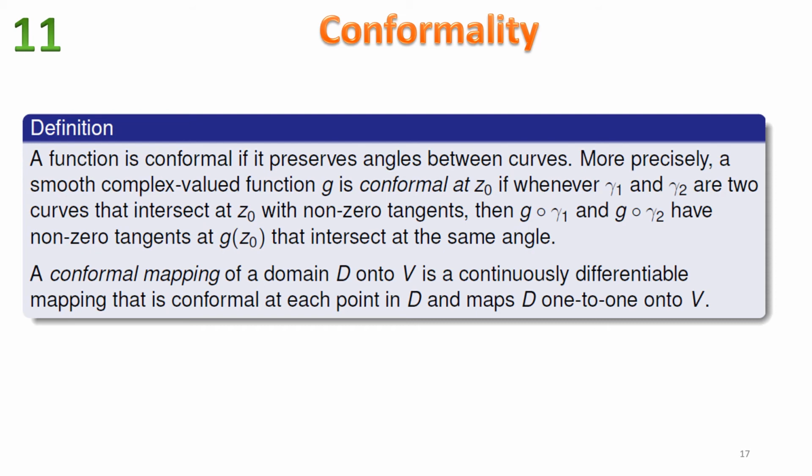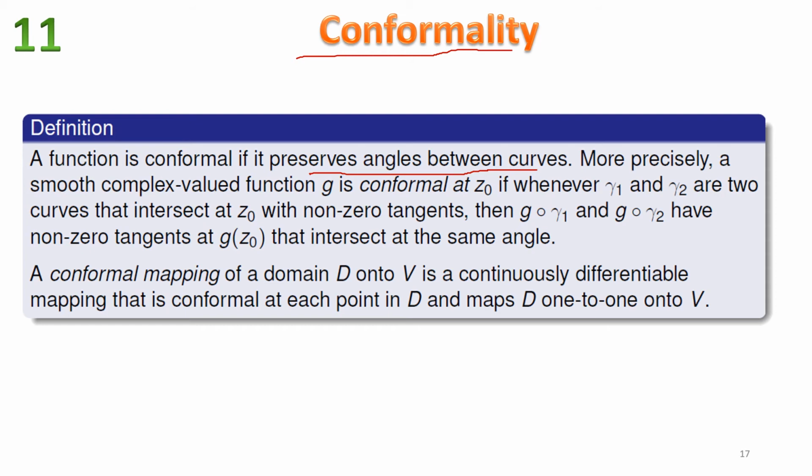Now here we are in a position to define the conformality of a function. Let us go through this definition and try to clear out what conformality means. A function is conformal if it preserves the angle between the curves. Okay, this is a very important point. A function is said to be conformal if it preserves the angle between the curves.